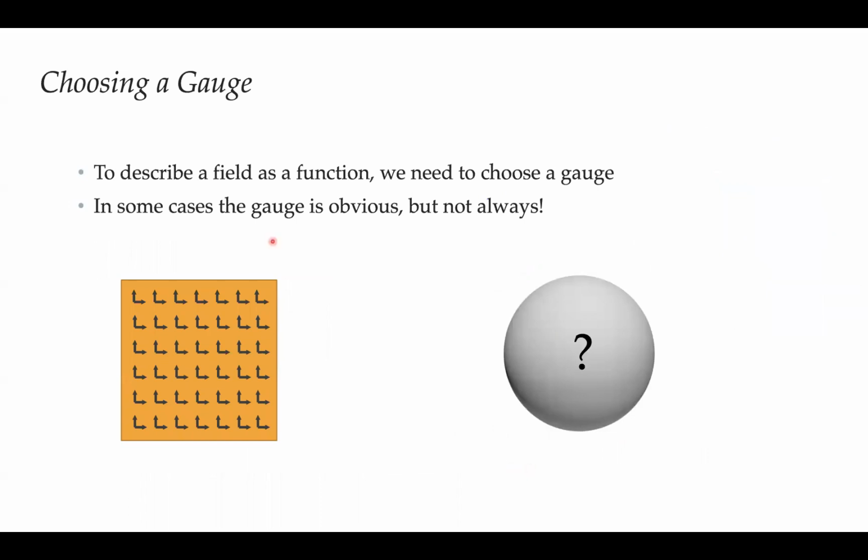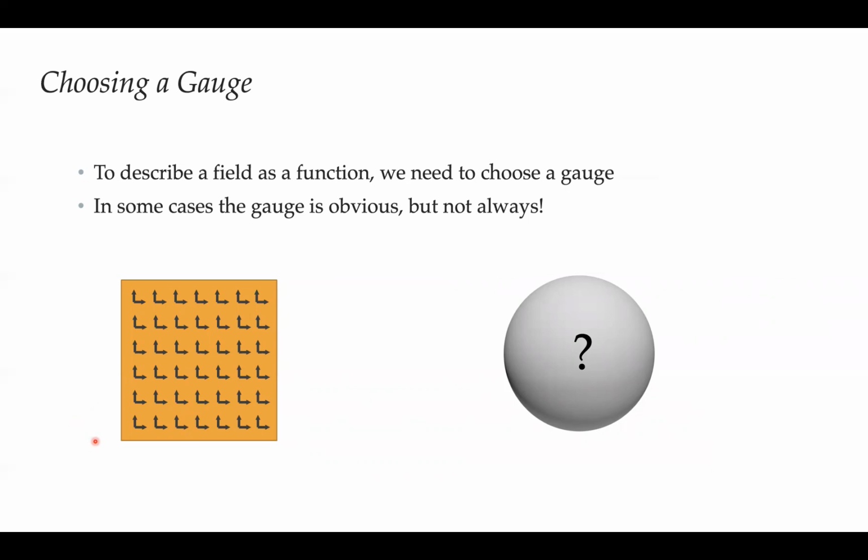Now, in some cases, there's an obvious choice of gauge. If we have our plane R2, it comes with a standard basis (1,0) and (0,1). And because of the special properties of the plane, we can translate that frame to every other point. That gives us a global gauge, a simultaneous choice of frame at every point in our manifold.